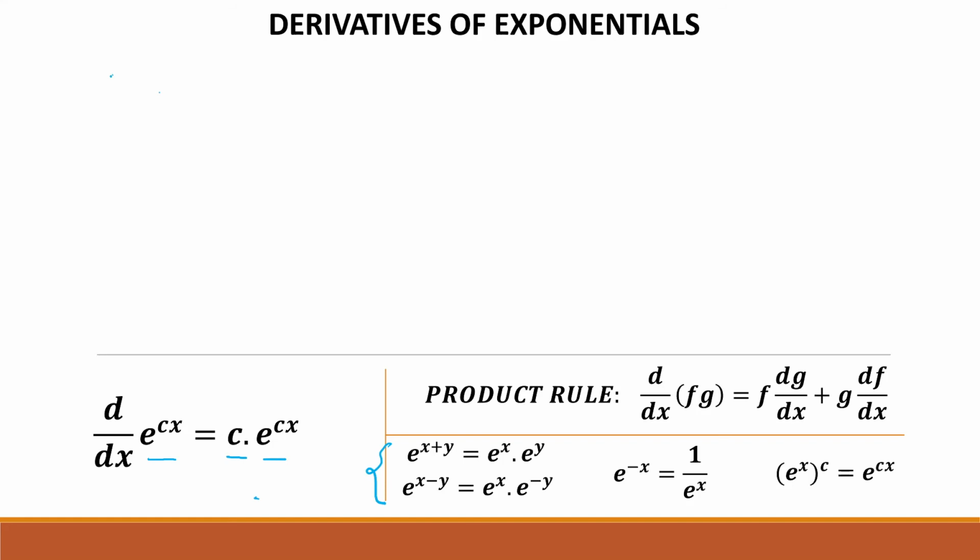Let's look at our first example. If we have d by dx of the term x cubed times e to the power 2x, then we can see there are two terms, x cubed and e to the power 2x, which we can refer to as f times g, so that we can perform the product rule using this formula.